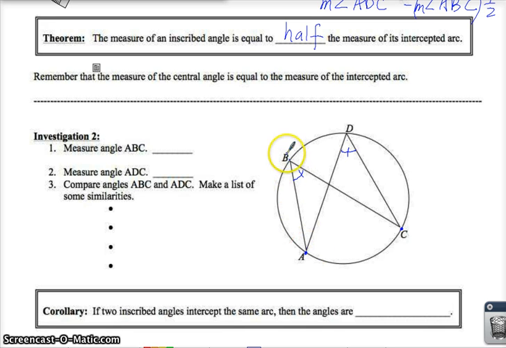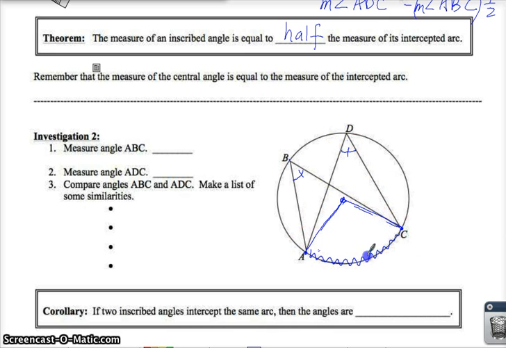So the measure of angle ABC is congruent to the measure of angle CDA because they both open to this arc. And remember, the arc measure is the same as the central angle. If we made the center of the circle, this would be the central angle, and these two inscribed angles would be half of that measure.